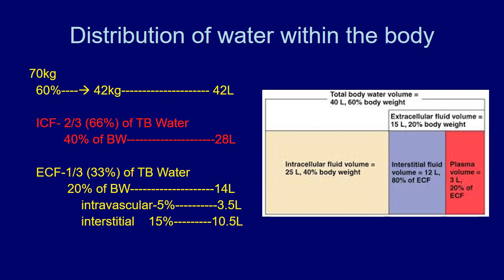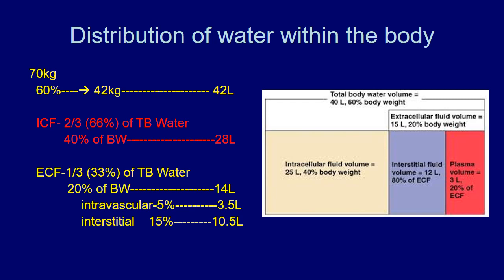Now, how is this water distributed within the body? We have different fluid compartments. We have ICF, the intracellular fluid compartment, and the extracellular fluid compartment, the two main compartments.